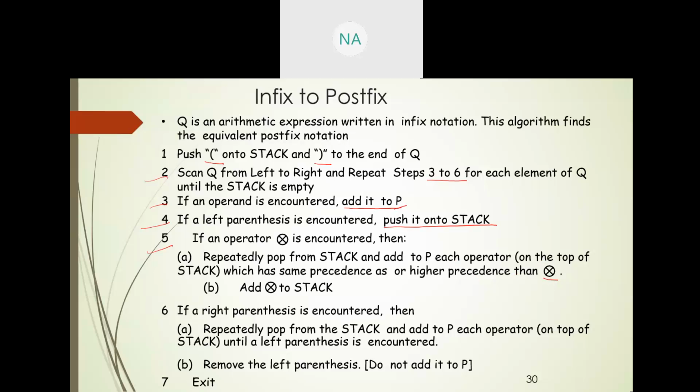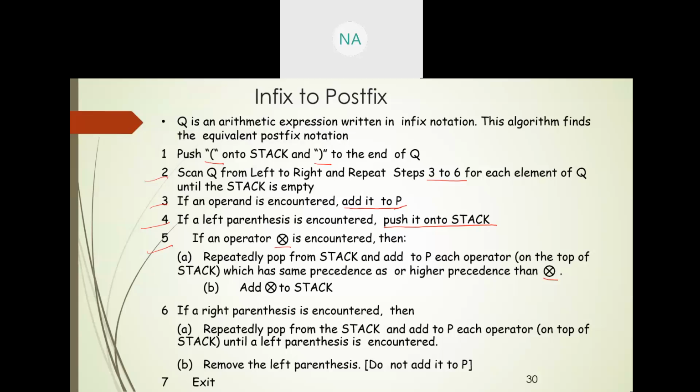Okay. So if an operator is encountered in the expression Q, then we repeatedly remove operators from the top of the stack if there are some. There might not be some operator on top of the stack, and in that case we will not be doing anything.